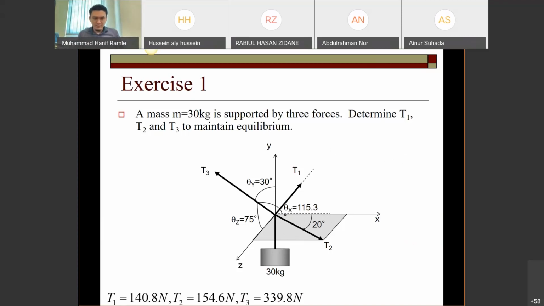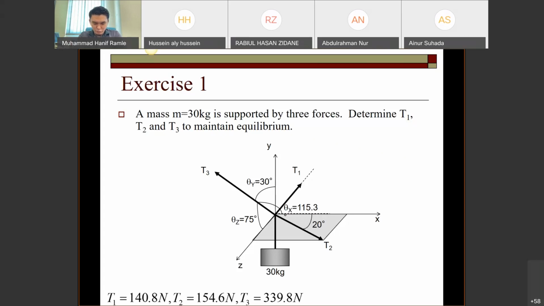Okay. So the system is like this, as shown. There are four forces acting on the origin: T1, T2, T3, and the mass. The question asks you to find the values of T1, T2, and T3 to maintain equilibrium.